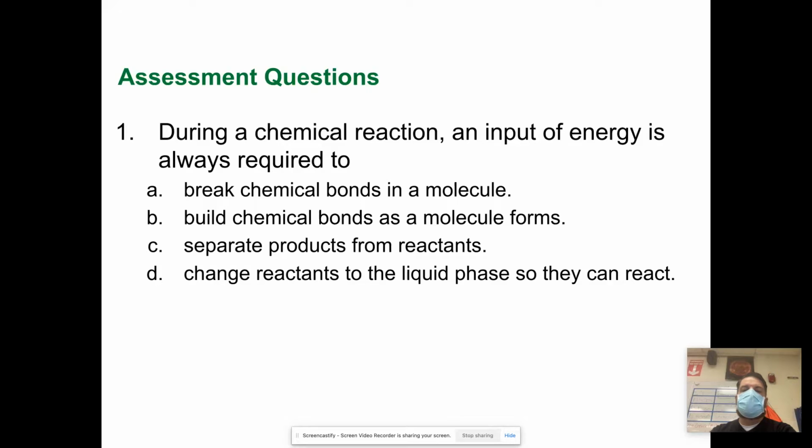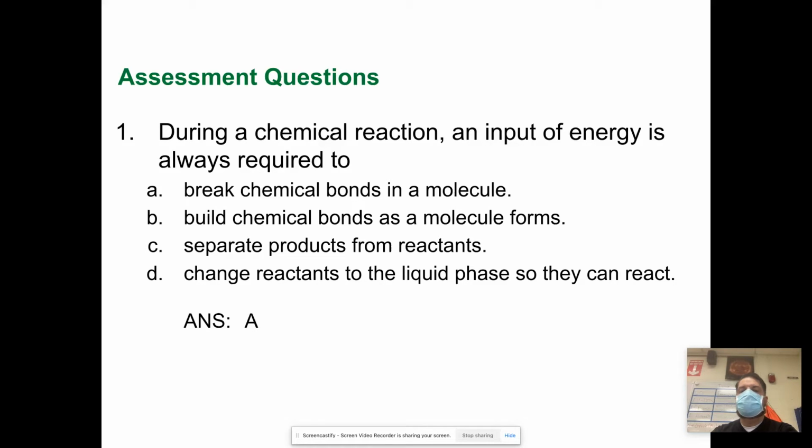During a chemical reaction, an input of energy is always required to: A, break chemical bonds in a molecule; B, build chemical bonds as a molecule forms; C, separate products from the reactants; or D, change reactants to a liquid phase so they can react. What do you guys think it is? It's A. Break chemical bonds in a molecule.